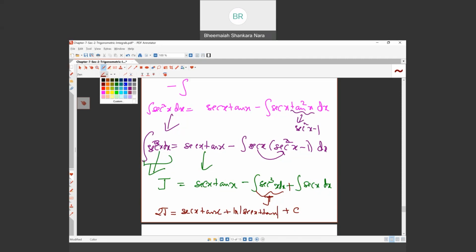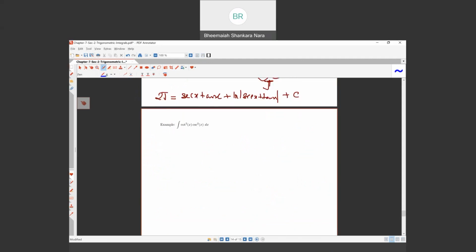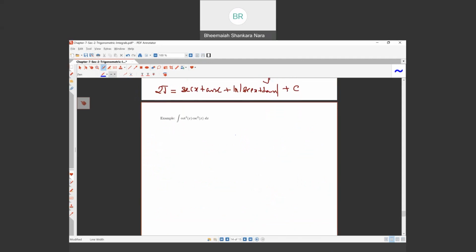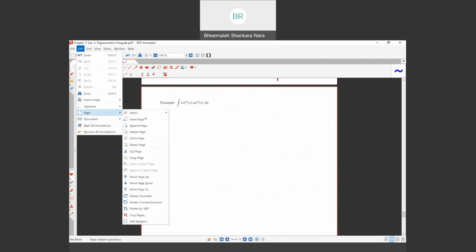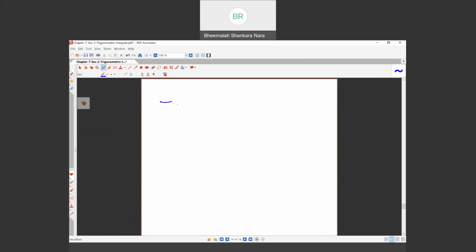So add one more step where we are dividing by 2 throughout. So you divide by 2 and the step becomes j equals secant tan divided by 2 plus natural log secant plus tan divided by 2 plus c.